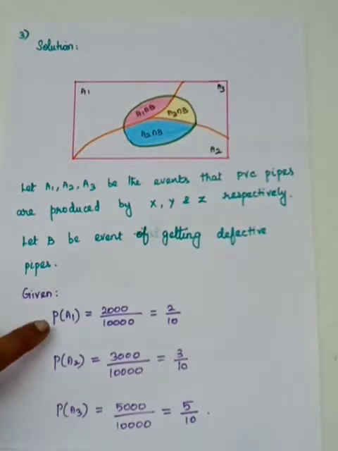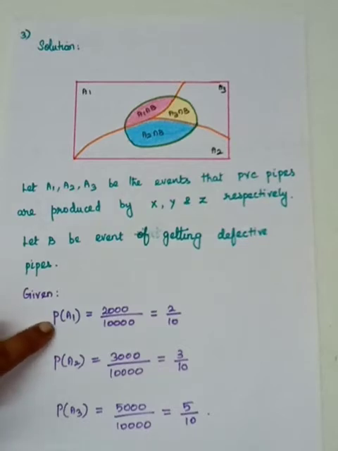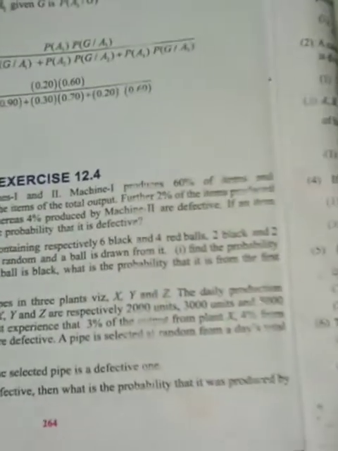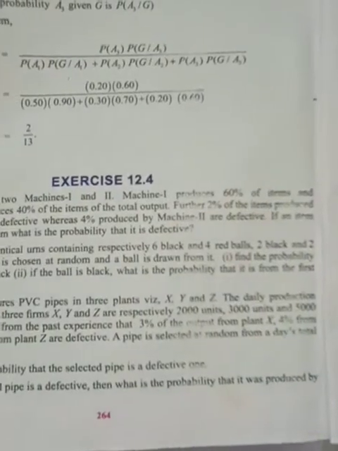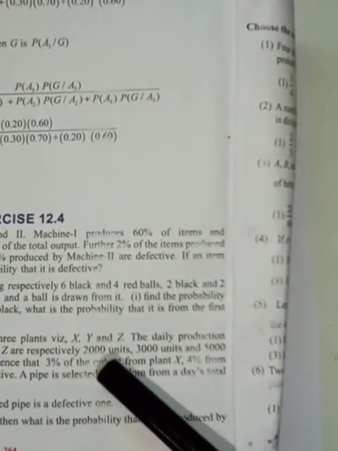Here first we have to find out P of A1. What is P of A1? P of A1 means the probability of that event occurring. So see that the total production from plant X is 2000 out of 10,000. Why is it 10,000? Total production.